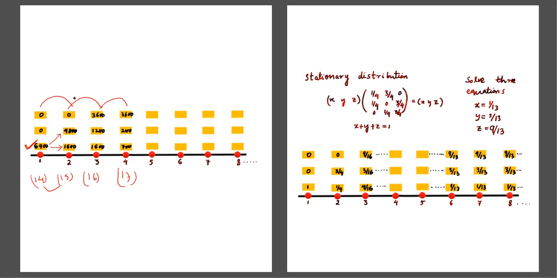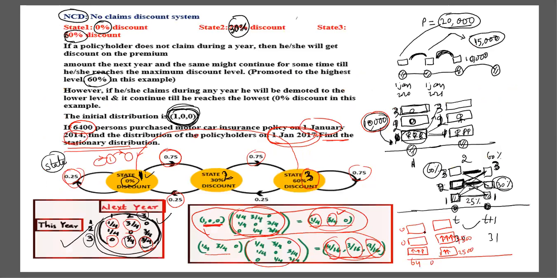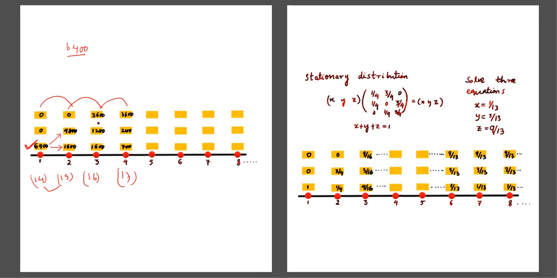You multiply with 6400. This is the total number of policyholders. If you multiply 6400 to these numbers, 4 by 16, 3 by 16, 9 by 16, you will get an absolute number. These are the people. And 3600, they're enjoying 60% discount on their premium. That's quite a high number. And here 30% they're getting, here 0%.